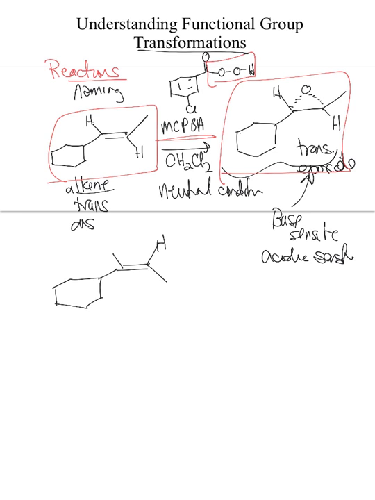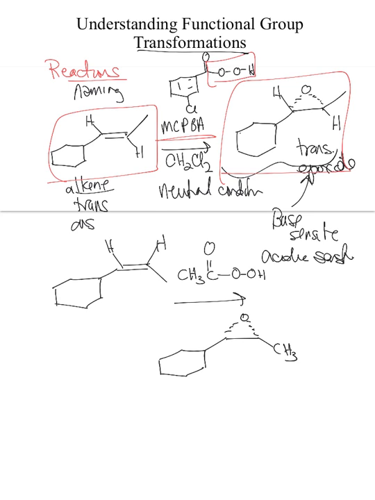let's do the cis here, and you use peracetic acid like this, then the first thing you're doing is making your epoxide, but then you also generate acetic acid, and acetic acid has a pKa of about 4.7.